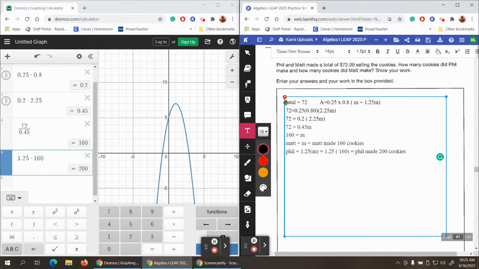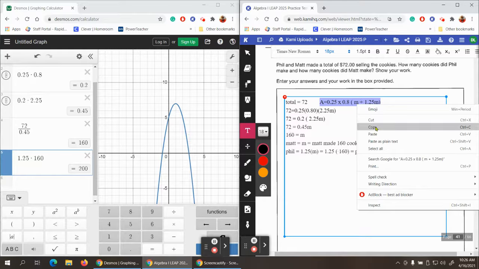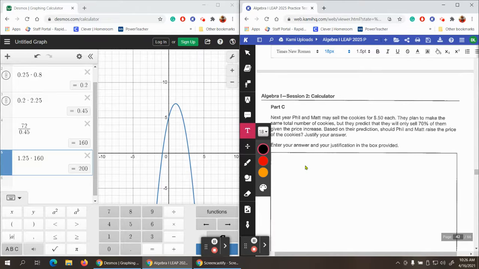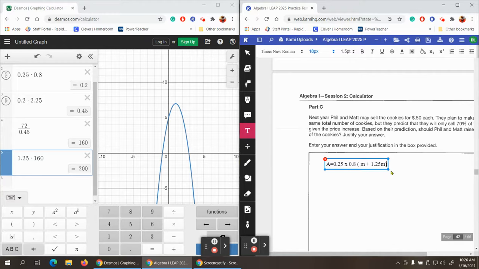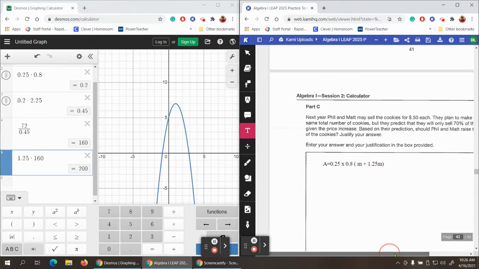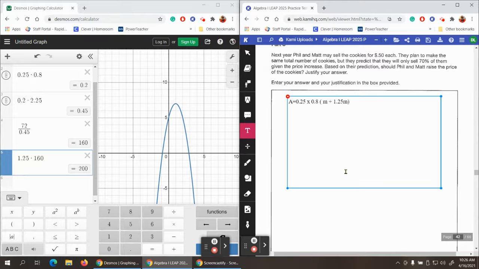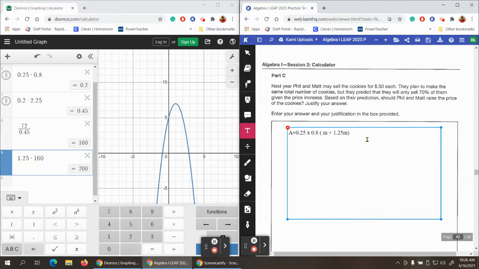Here's what I'm going to do. I'm going to take my equation, and I know I need to move my equation. You're just going to have to retype it for the sake of time. I'm using the computer options, being able to copy and paste it. I don't know if you have that as an option on your test, but you're going to have to rewrite that equation, right?